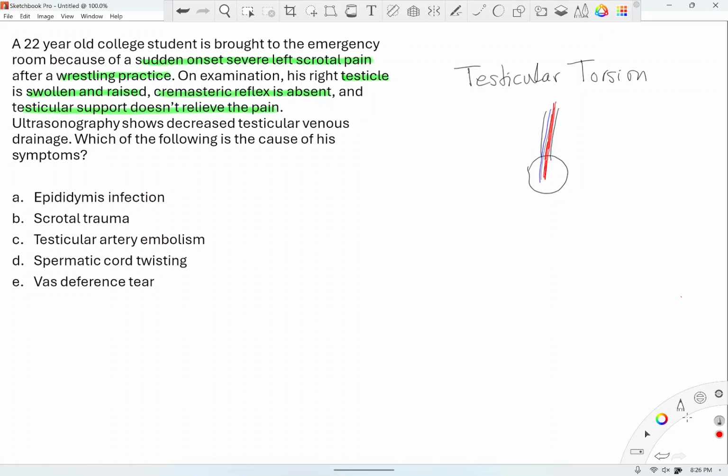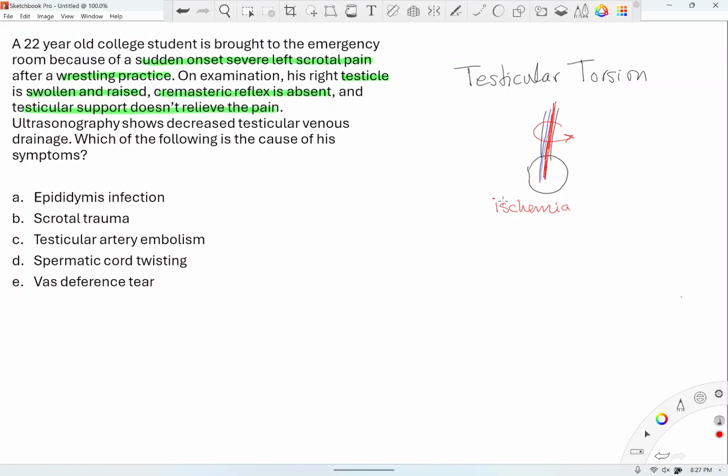If this twists, take a rope, or just take the cable of your laptop, a wire or whatever, your phone charger, just twist it. When you twist it, see what happens. This is what happens exactly. So when you twist this spermatic cord, it's going to cut off blood supply to the testis. So the end result of this is testicular ischemia.